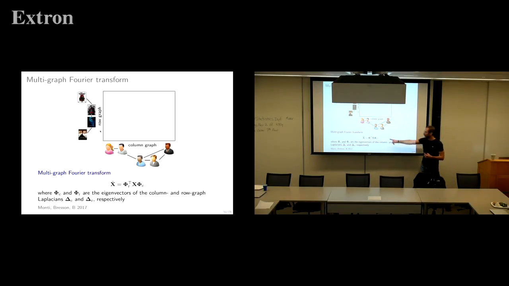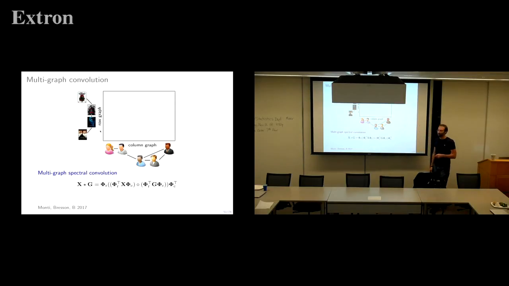I denote them by phi C and phi R, the sub-indices standing for columns and rows. So that's the two-dimensional Fourier transform of such a matrix on these two graphs. We can define a two-dimensional version of a convolution, exactly the same thing: Fourier transforms, their point-wise product, and the inverse Fourier transform.